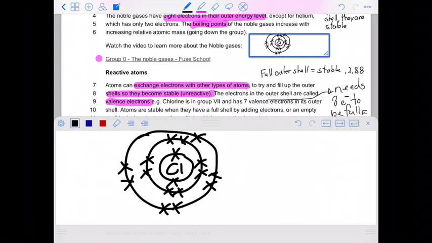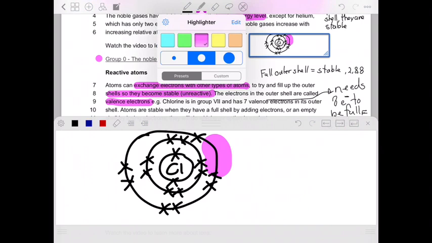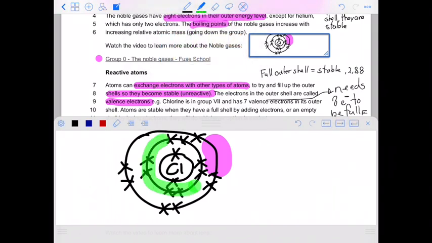In order to become stable, we need to either fill up this third shell, or we can completely empty the third shell, which will make the second shell its full outer shell.